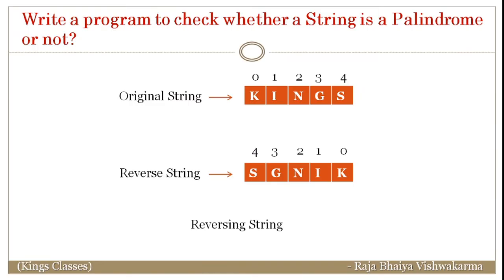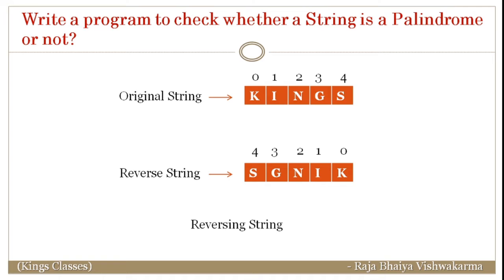Before writing the Java code to reverse the string, let's understand how we are going to reverse the string. Basically, a string is a collection of characters, or you can say an array of characters. Here I have taken the string kings, K-I-N-G-S. These are the characters in that string, above I have mentioned the index of each character, and below I have written the reversed string.